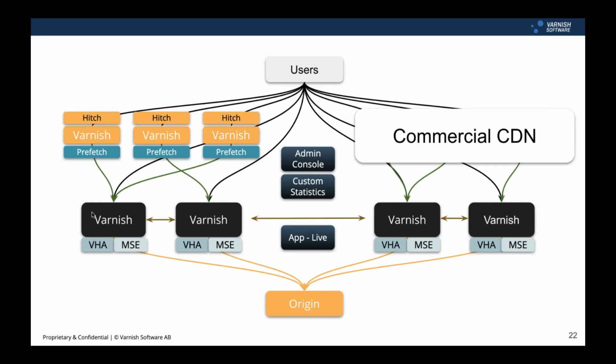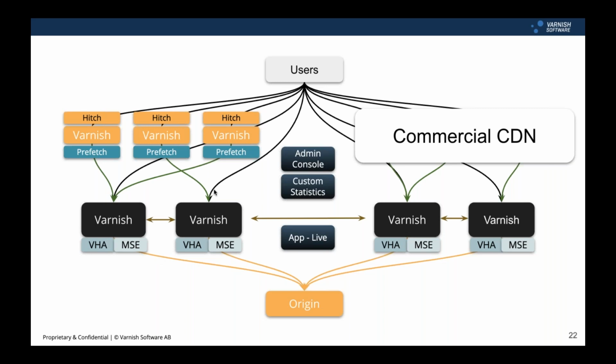But then again, you have a set of Varnish machines sitting right behind your Varnish edge layer and your commercial CDN, protecting the origin server and making sure that no unexpected load can kill your backend and your content really.